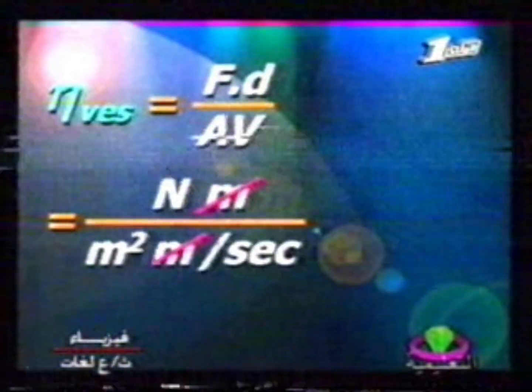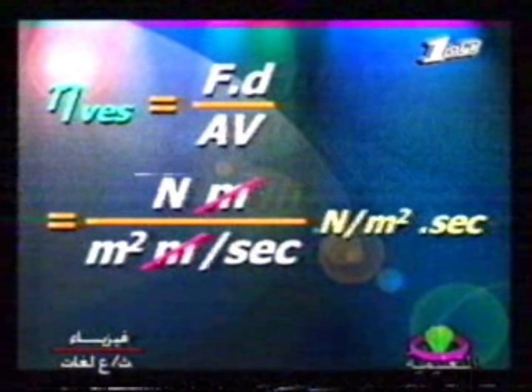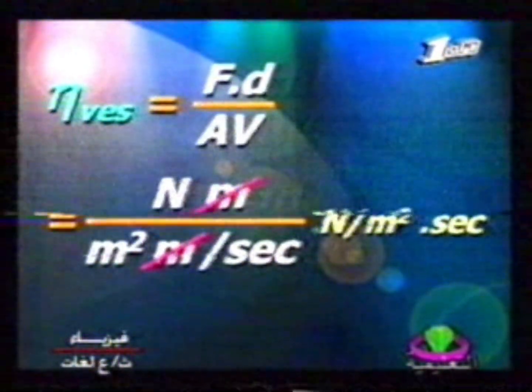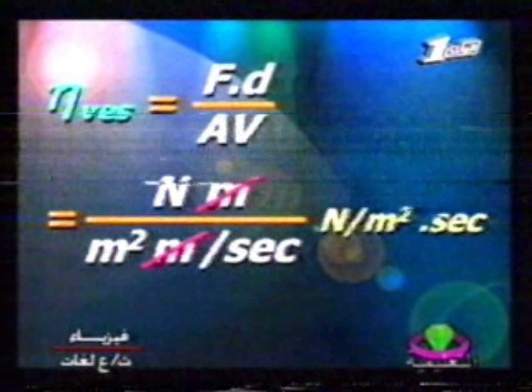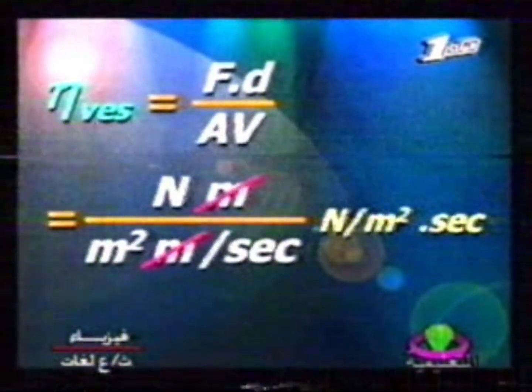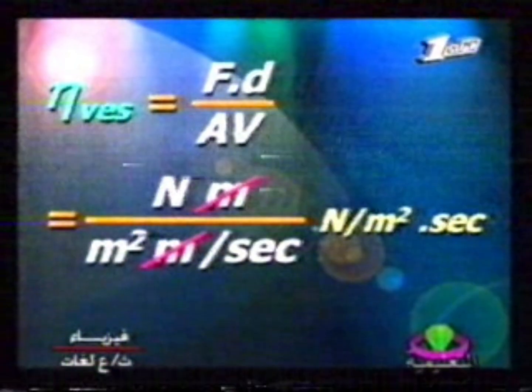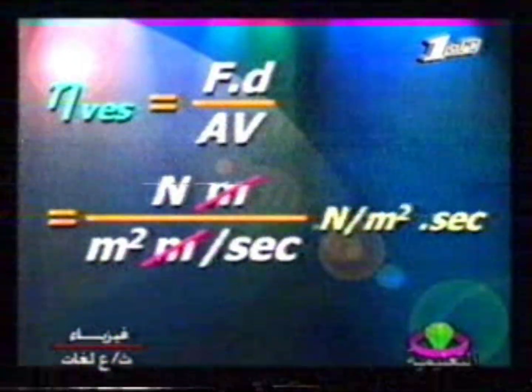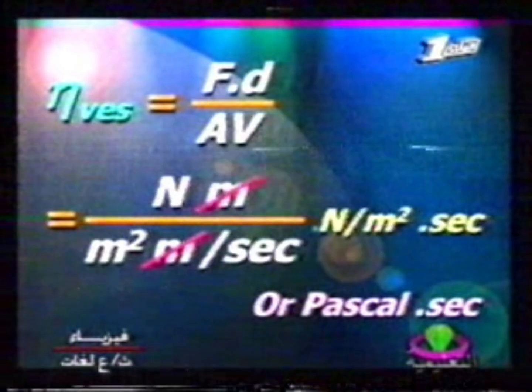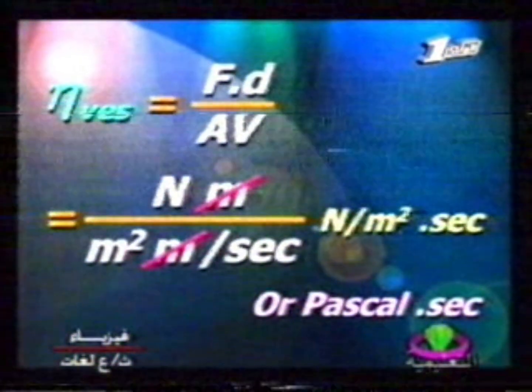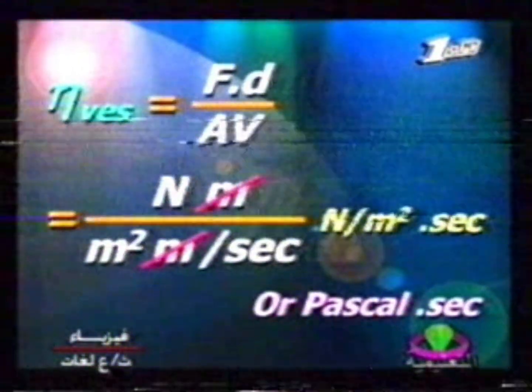We can cancel m, so we get eta, viscosity, equals Newton per meter square dot second. We have studied before that Newton per meter square is called Pascal. So the unit of eta is Pascal dot second. Nice. It has another unit.